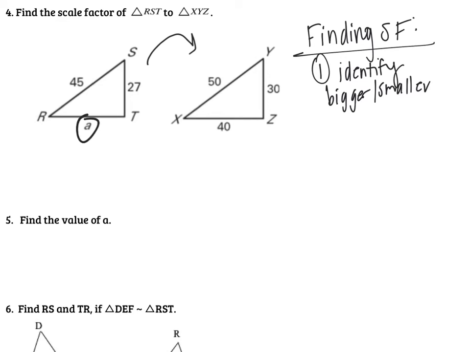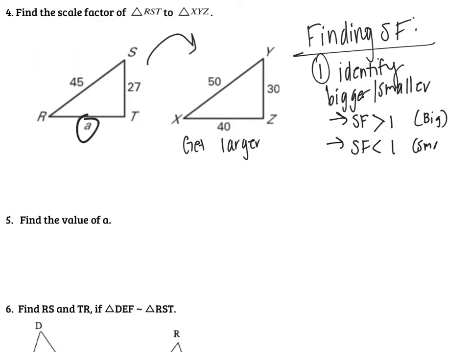Okay, we did that. So I'm going to get larger. That means that my scale factor is bigger than 1. So if it was getting smaller, then my scale factor would be less than 1. And you'll see a question that asks you about that on your homework.